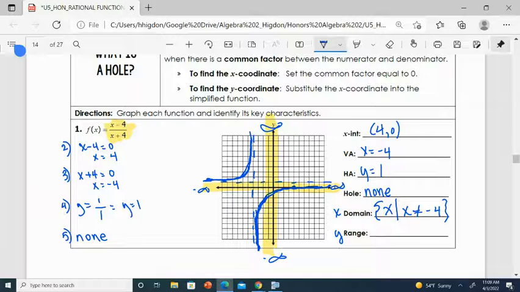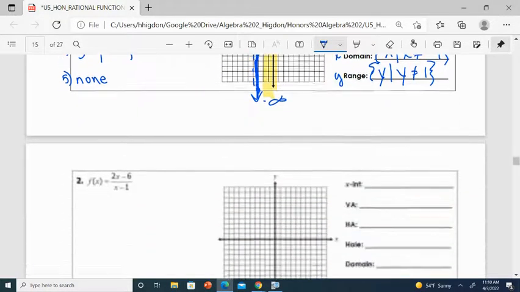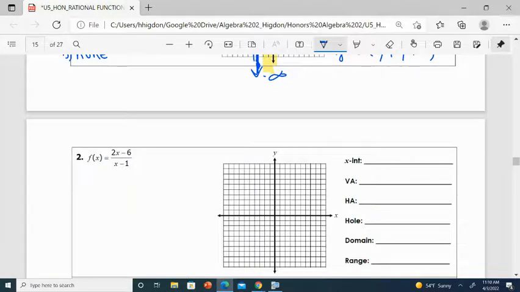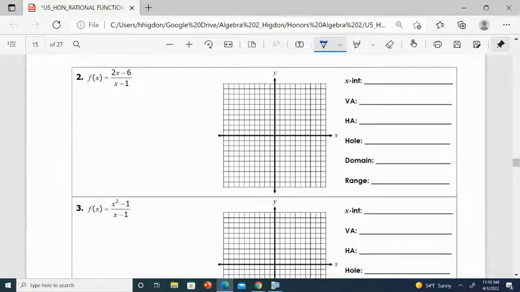So it's going to include everything down to negative infinity and up to positive infinity, except for that horizontal asymptote. So it's going to include all y's except where y is equal to 1. So there's example number 1. I want to look at example number 3.